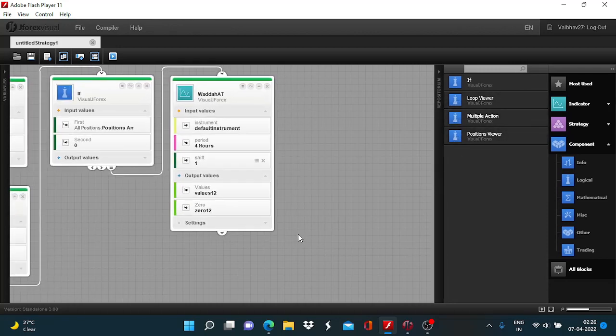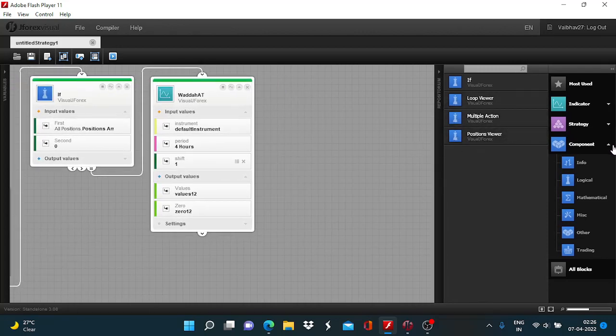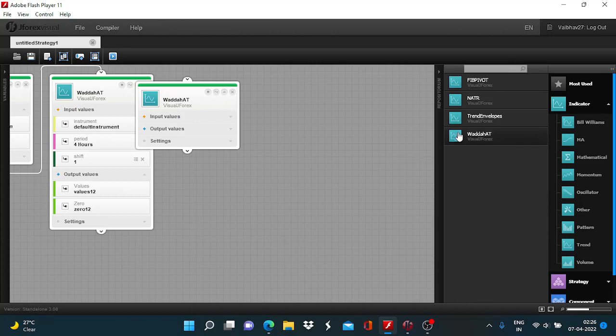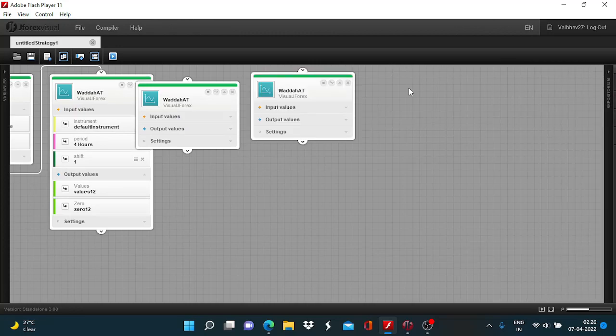Then we need 2 more Waddah 80 blocks. So for that we have to add these 2 more of 15-minute time frame.